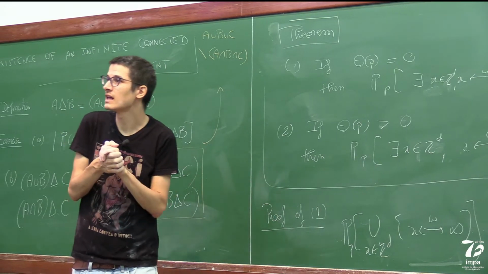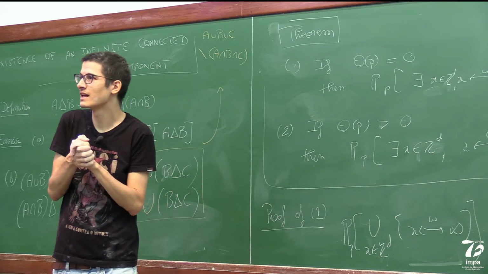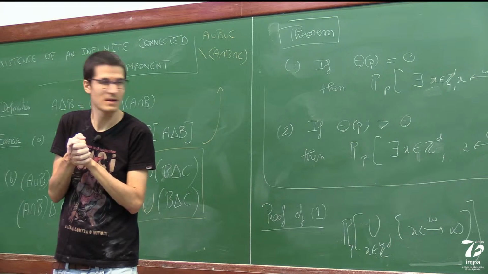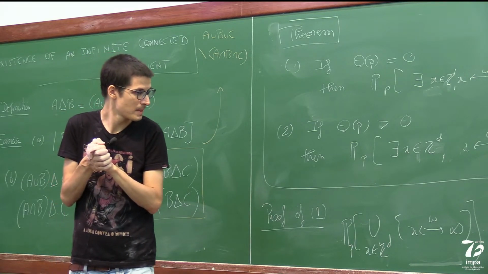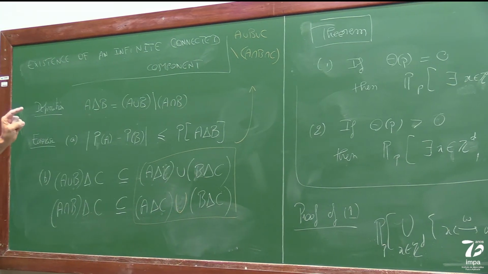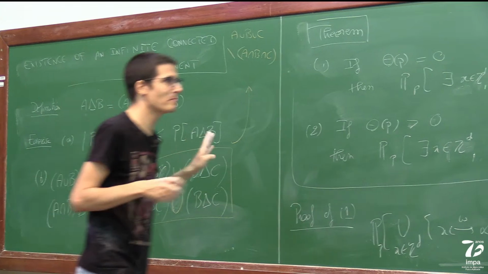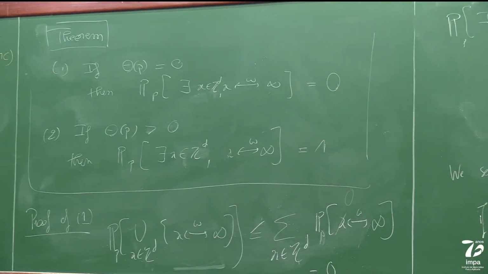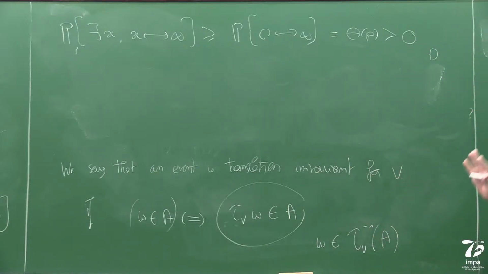Yes? Could you explain again why in the proof of 1 we introduce the probability of having x connected to infinity with 0 connected to infinity? Okay, so I'm going to come back more on this in a second, but here what I'm using is something that I've basically not said.